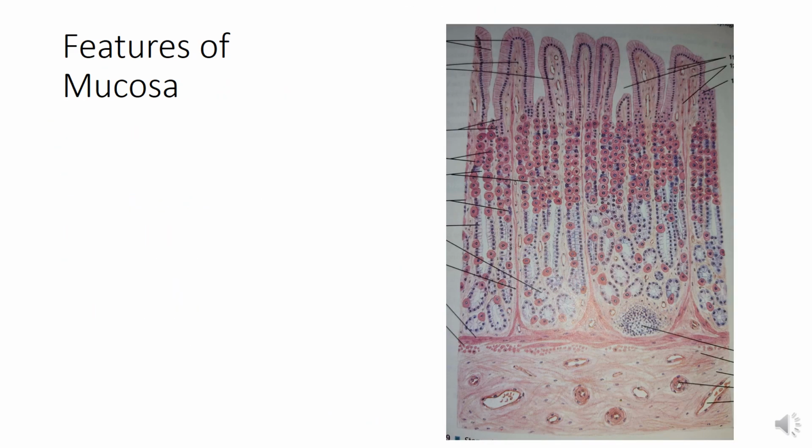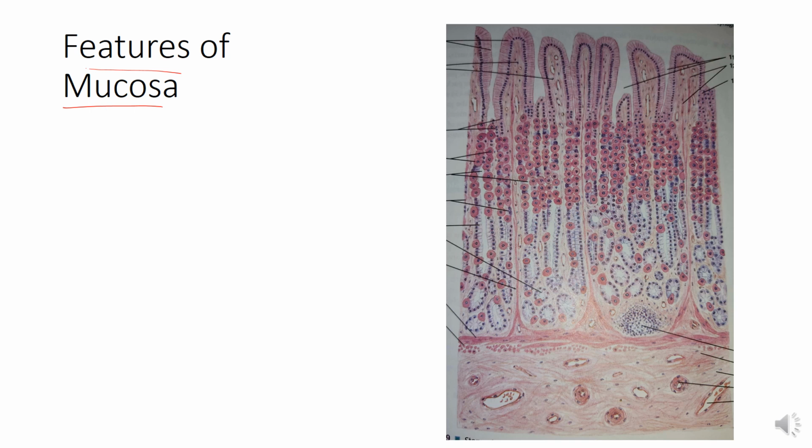Now the mucosa of the stomach. So features of mucosa. Changing abruptly at the esophagogastric junction, the mucosal surface of the stomach is lined by simple columnar epithelium. So the esophagus was lined by stratified squamous non-keratinized epithelium, while where the stomach starts, the epithelium changes abruptly and then it is lined by the simple columnar epithelium that invaginates deeply into the lamina propria.